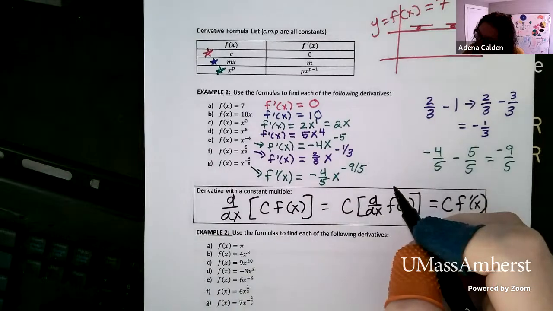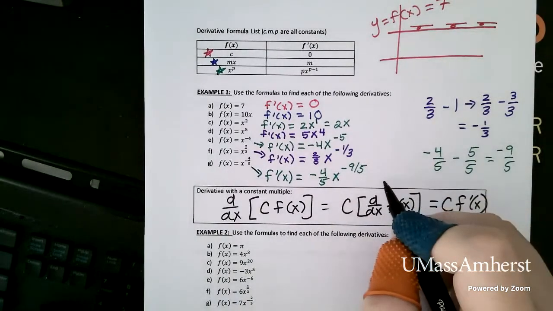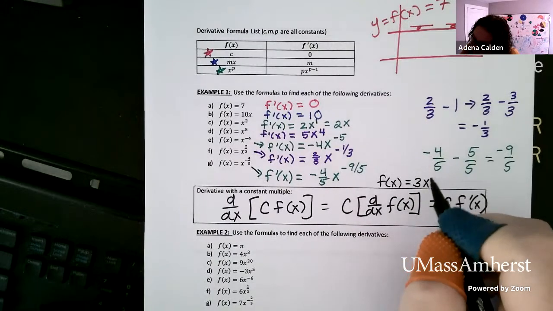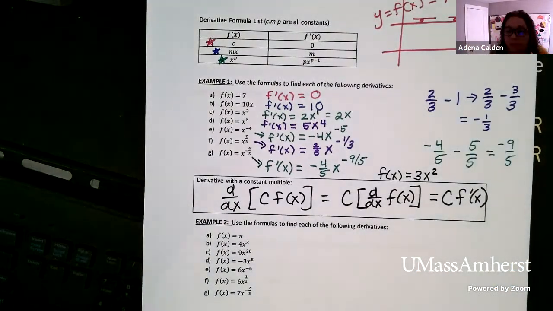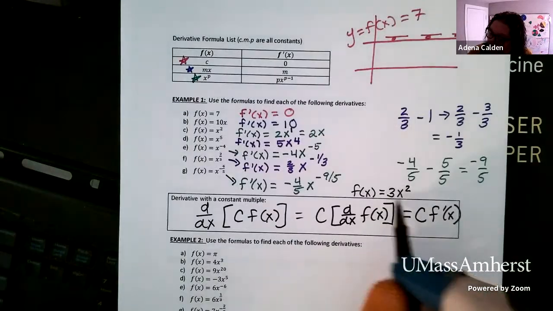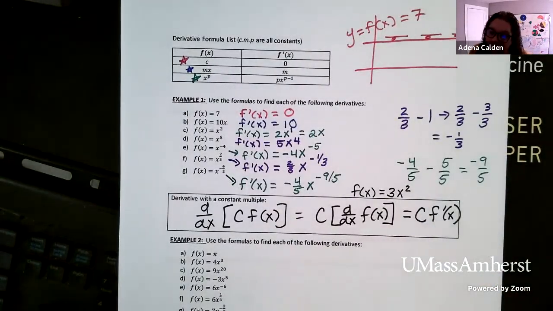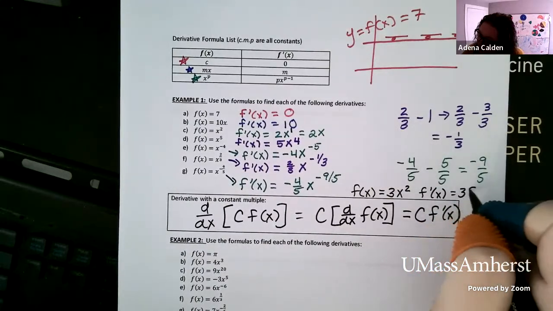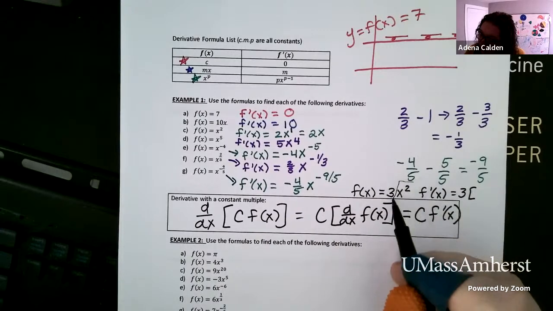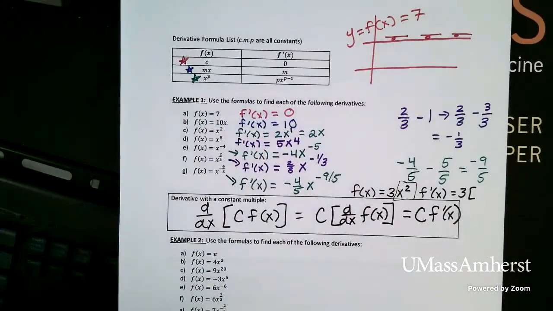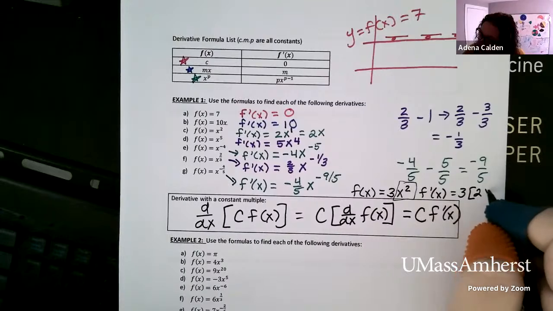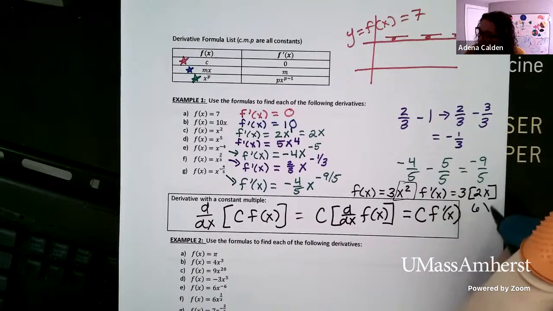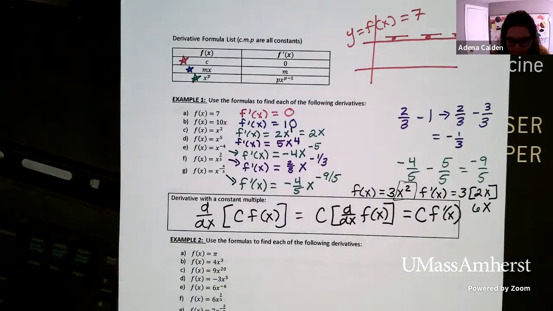If you have something like f of x equals 3x squared, that 3 is going to multiply the derivative of x squared. We take the derivative of x squared, apply the power rule, and that is 2x. So 3 times 2x is just 6x.